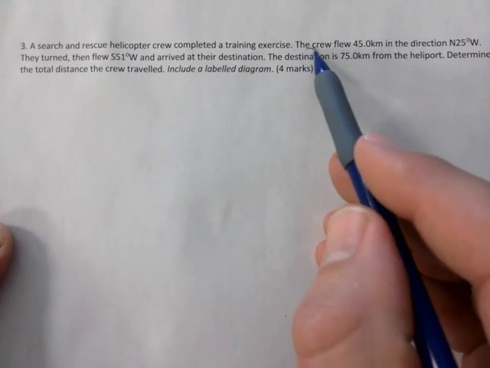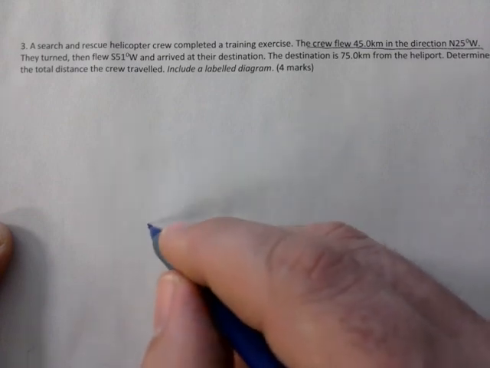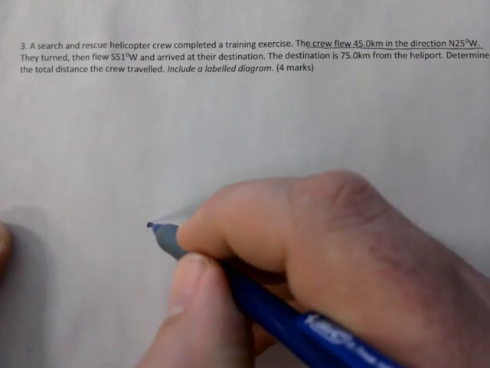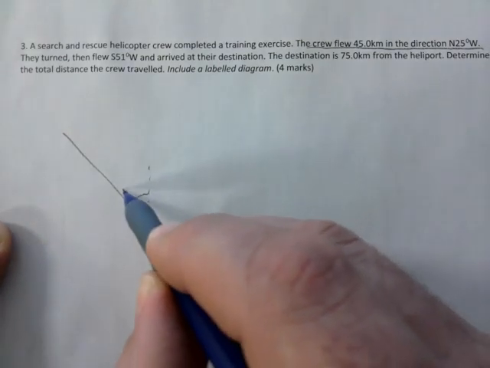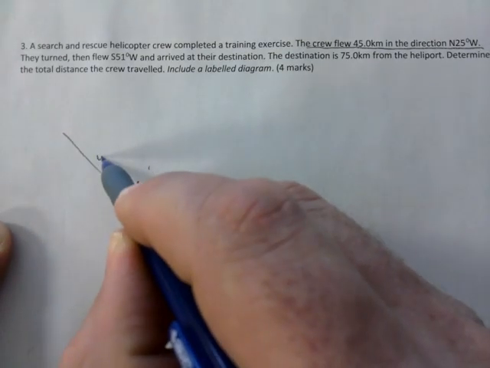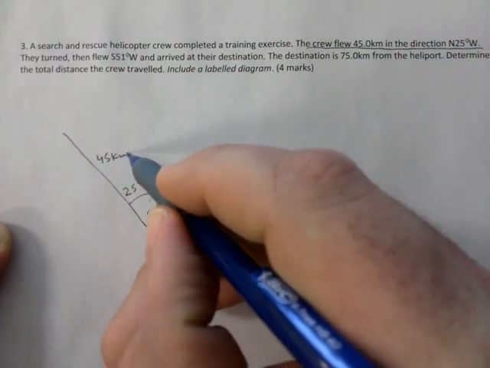So we have, again, a crew flies 45 kilometers in this direction, northwest, right? So I'm going to start somewhere here. I'm going north, 25 west, right? So that's my 25 there at 45 kilometers. Okay, 45 kilometers.